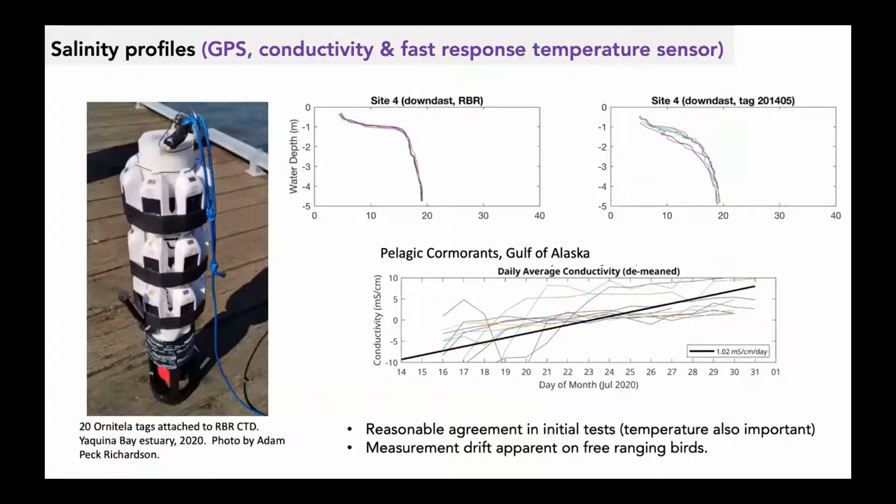But once we put these tags on birds, we found that the conductivity measurements were drifting through the duration of the deployment. So there's still work to be done to stabilize the measurements. We did expect that drift might happen with this type of sensor, so this is another thing that we're hoping to improve.